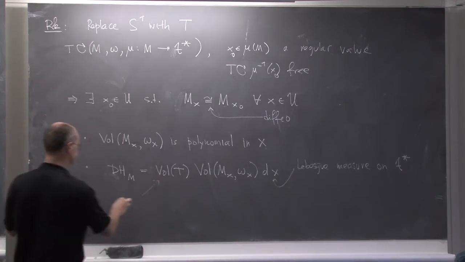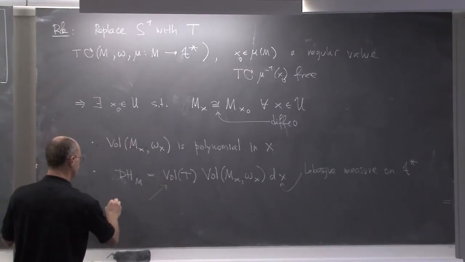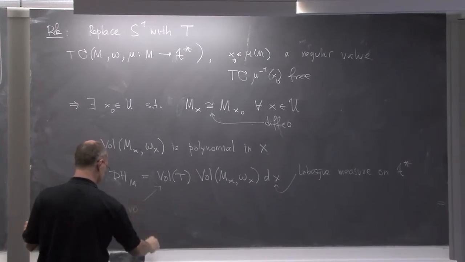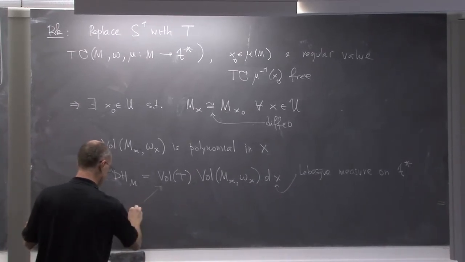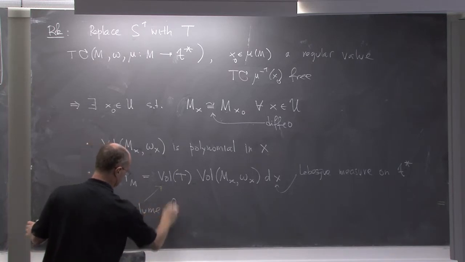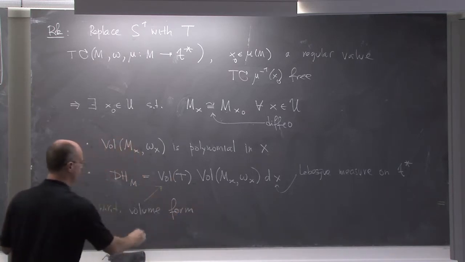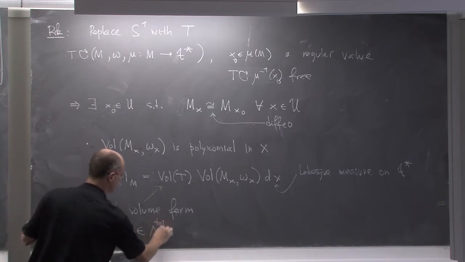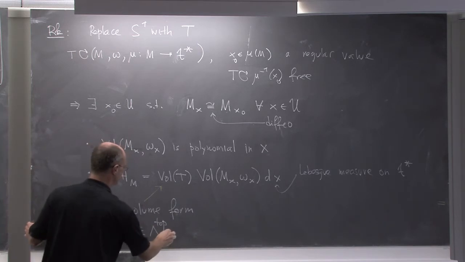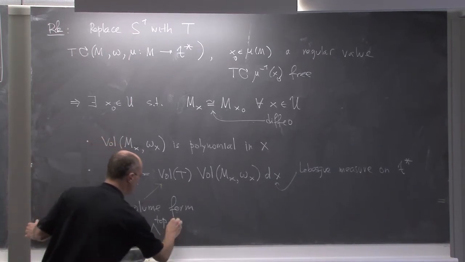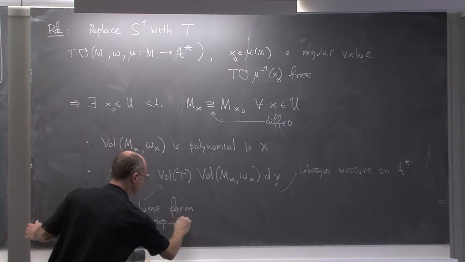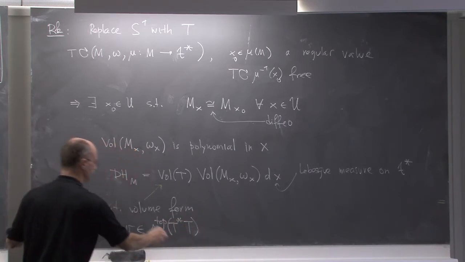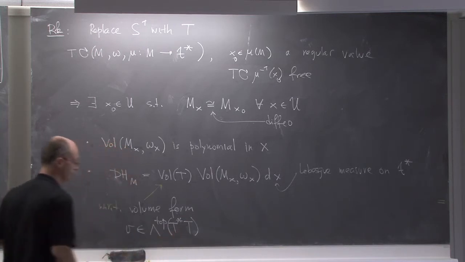So we define this volume with respect to the volume form V, and it should be in the top wedge power of T star T, for each point of the torus.